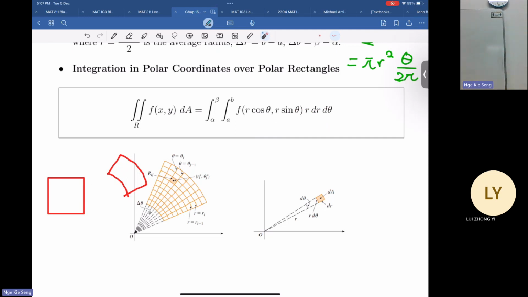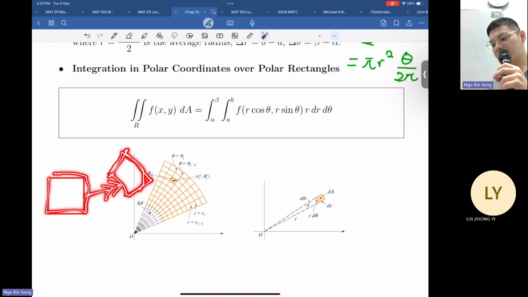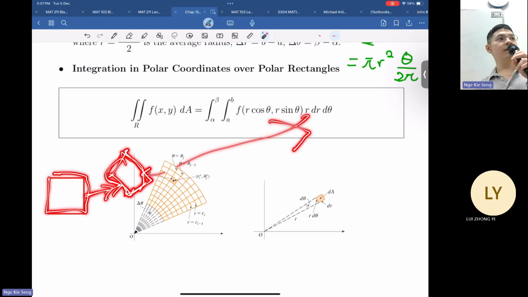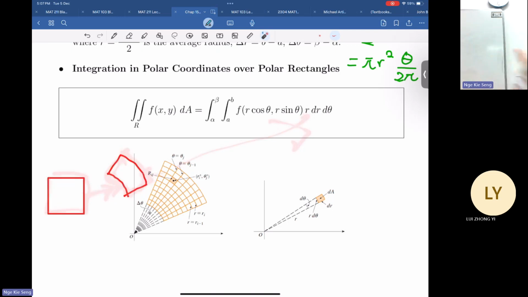But still, I will do it formally later. Don't worry, we will do it formally later. But the moral here is, all sides are straight here. But if you make it a polar rectangle, you kind of stretch it by a factor of R. This is the moral, but I will tell you the formal definition later. So why does this R pop out?